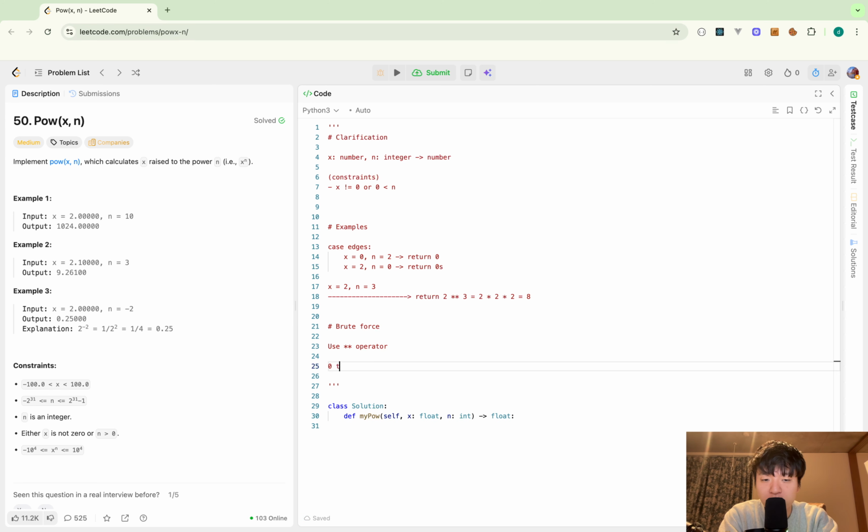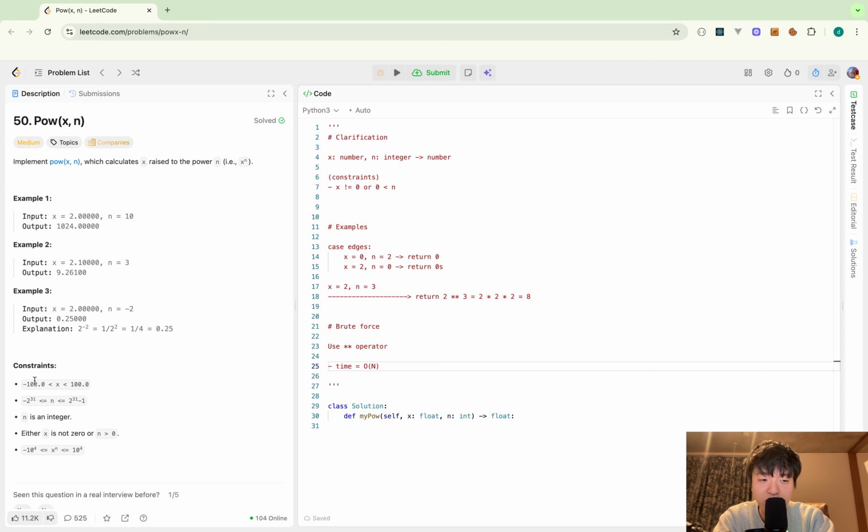So in this approach, the time complexity should be, I have to calculate the multiplication n times, O of n.